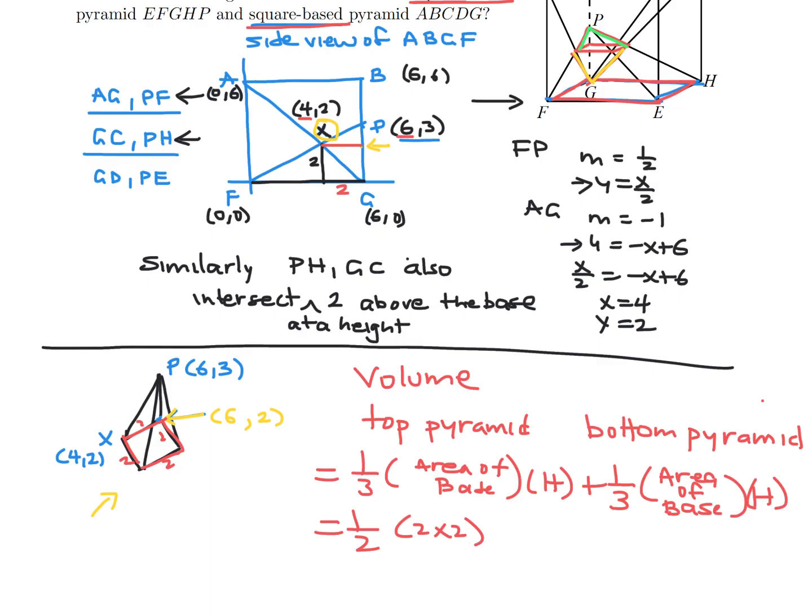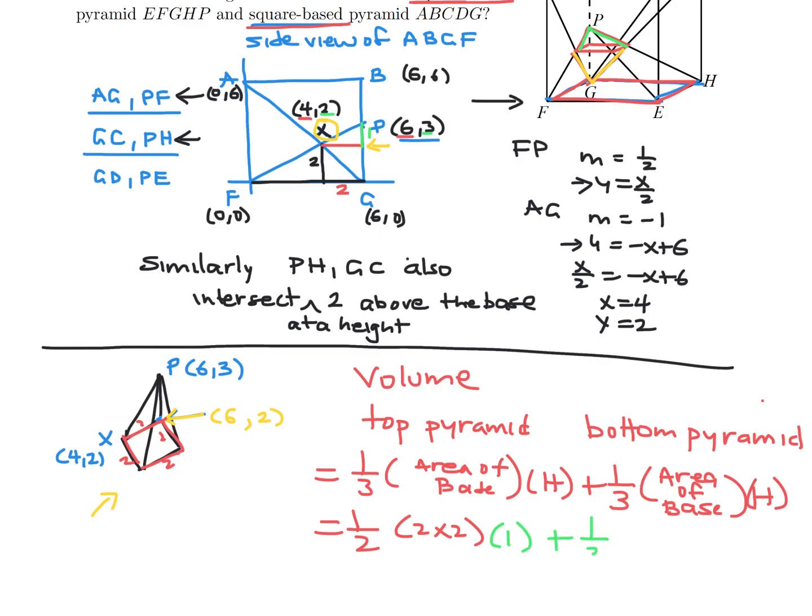The height of the top pyramid, let me see if I can use green. That's this height here, that little green line I drew, from the base all the way up to P. So we are going up from 2 to 3, so that's an increment of 1. So that's 1.